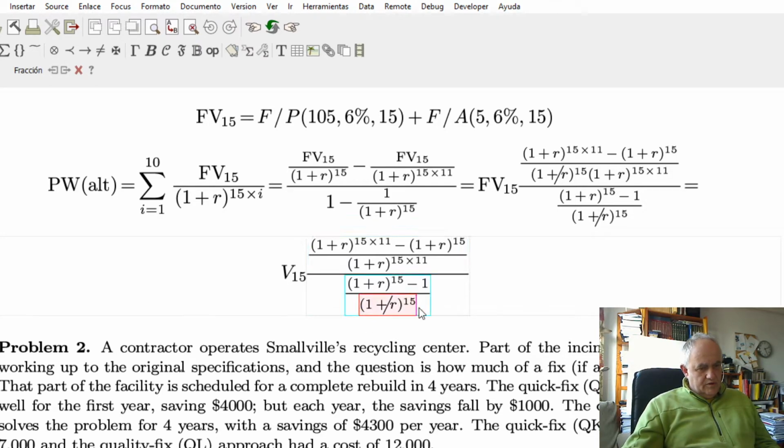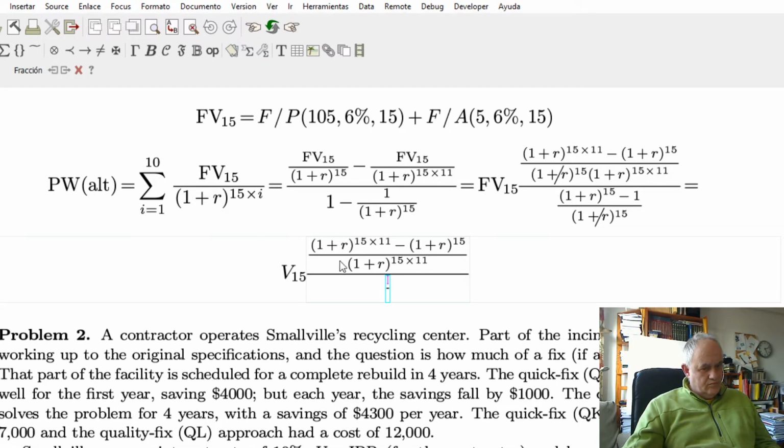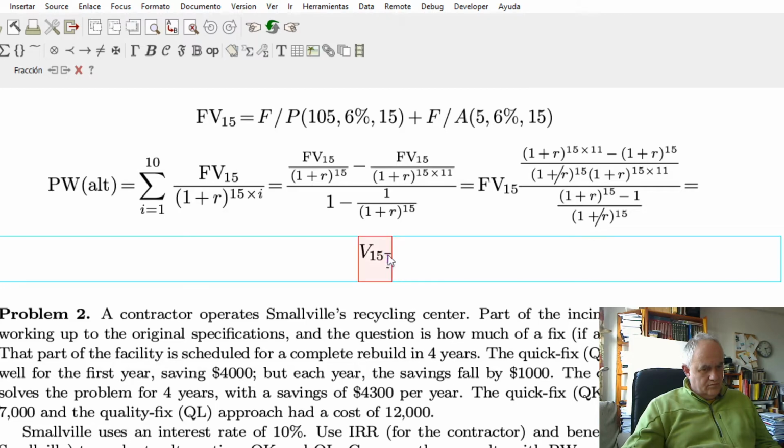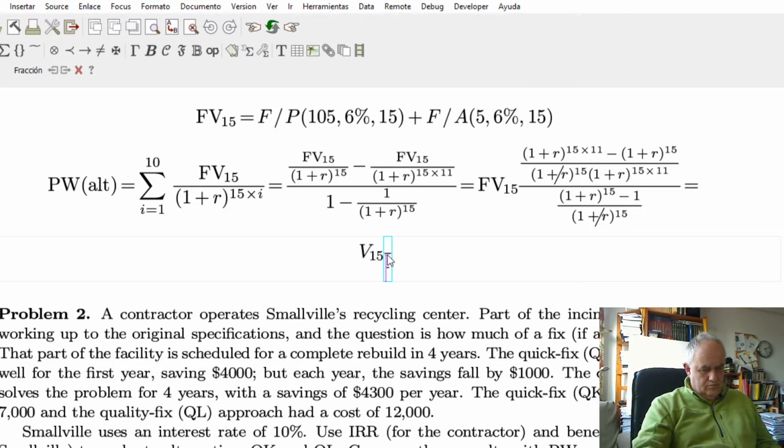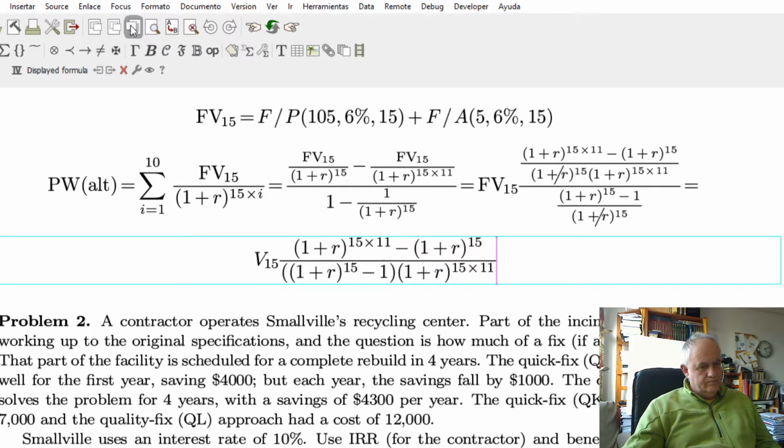We will eliminate this. Well, this here. Okay. And now we can divide everything by 1 plus r up to 15.